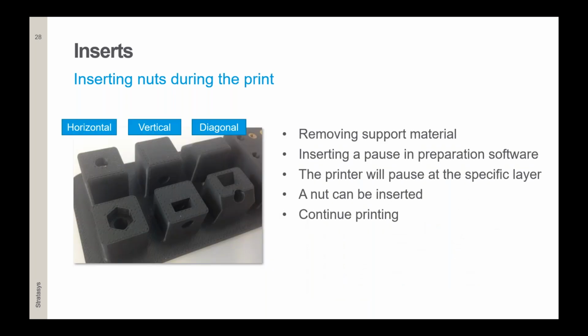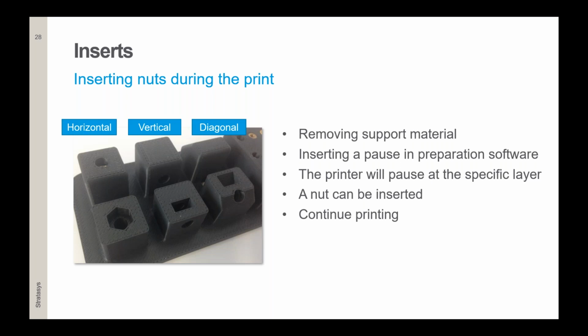Nuts can also be inserted during print. It would give a better fastening strength than the previous option, but it will be more work for the operator. So he needs to use Insight software to remove the support material. What you can do to help the operator and also save a little bit of time in the process is add self-supporting angles into the slot if possible.